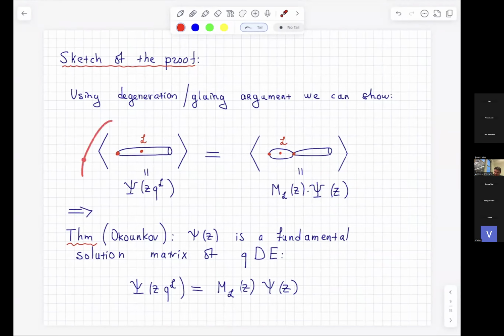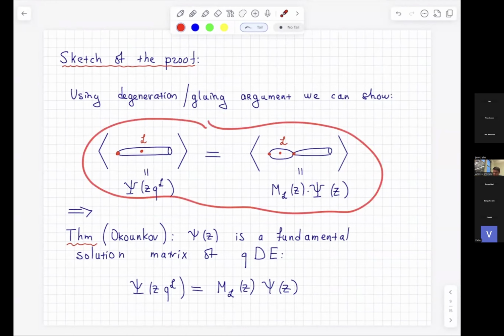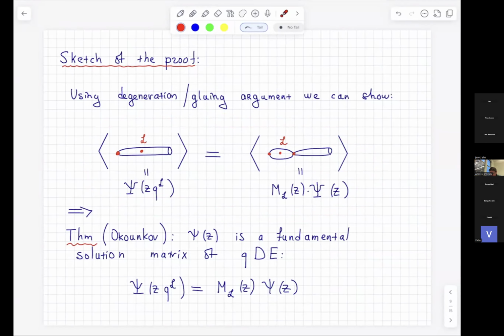So this computation, which is sketched here, very roughly speaking, gives the following result, which is due to Okounkov originally: psi, this partition function, is the fundamental solution matrix of a certain q-difference equation.